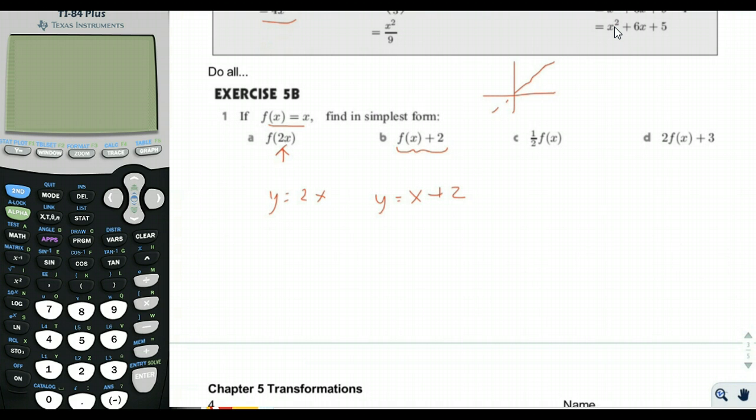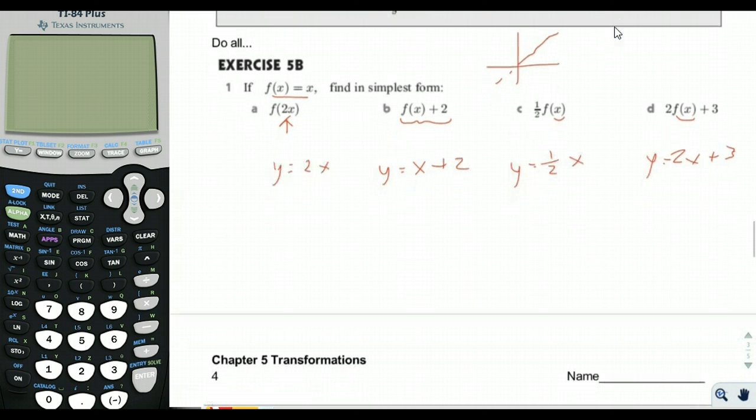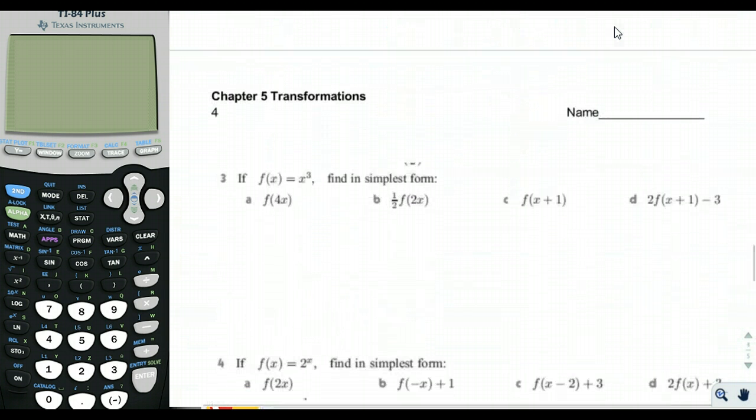And then if we put x in for f of x, and then we multiply by half, then we just end up with y equals half x. And if we take the function x and we multiply by 2 and we add 3, we just get 2x plus 3. Okay, so that was number 1.